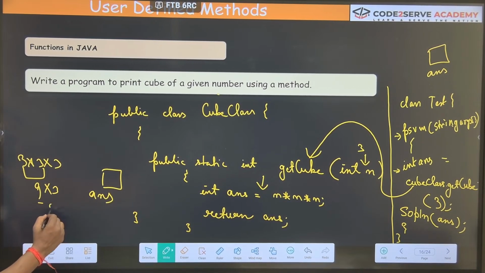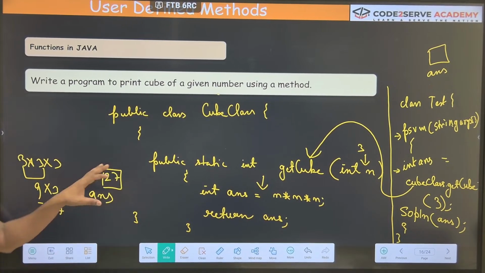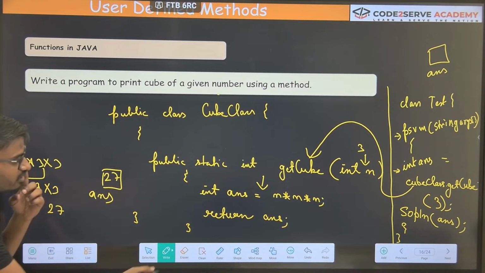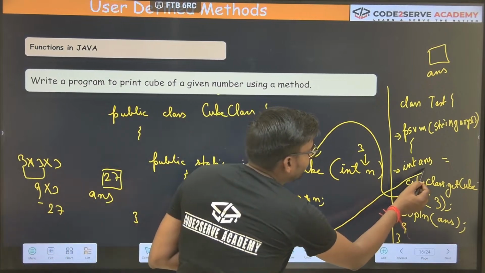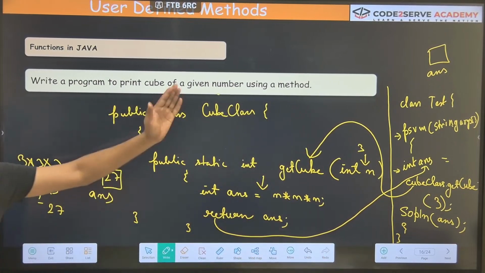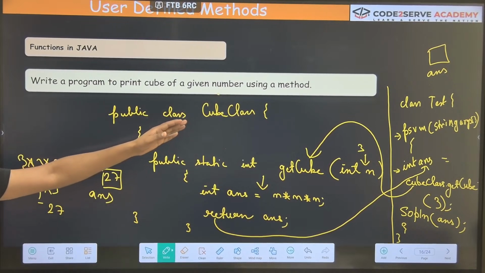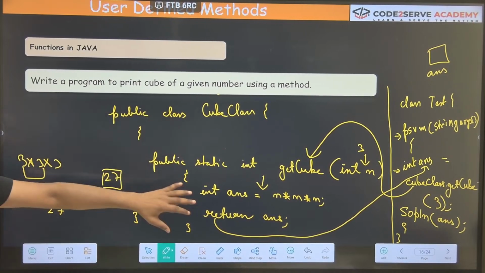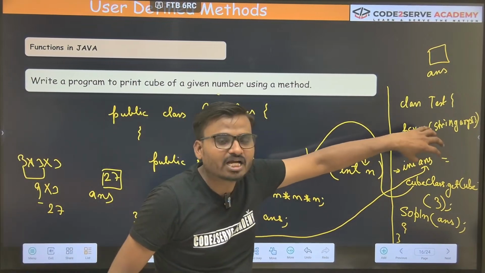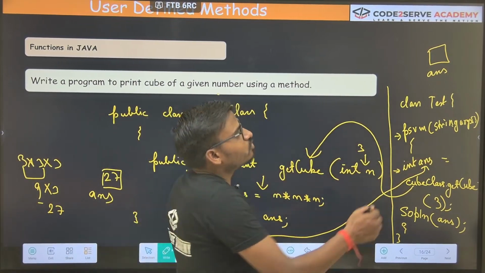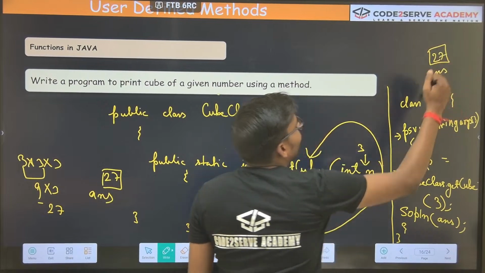Got it? So this 27 will be stored in the local copy of this answer, and then we are returning this answer. That means the control will go back to here again. In the left part, whatever variable we have initialized, the answer that we got will get initialized back to this local variable. So here also 27 will be initialized.